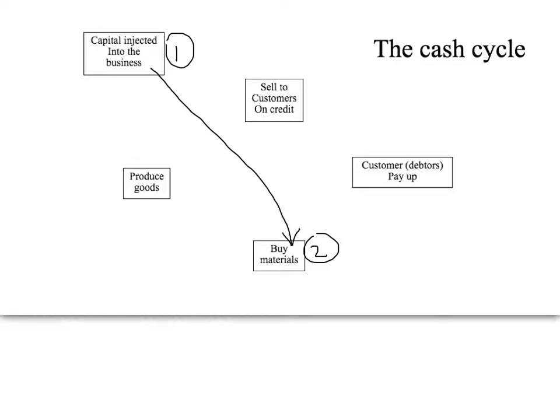So finally we have to decide how long will it take us from buying our materials in order to produce our goods. You might be lucky enough that this could be instantaneous in the case of a retail outlet, or actually it might be that you have a manufacturing process over many years.